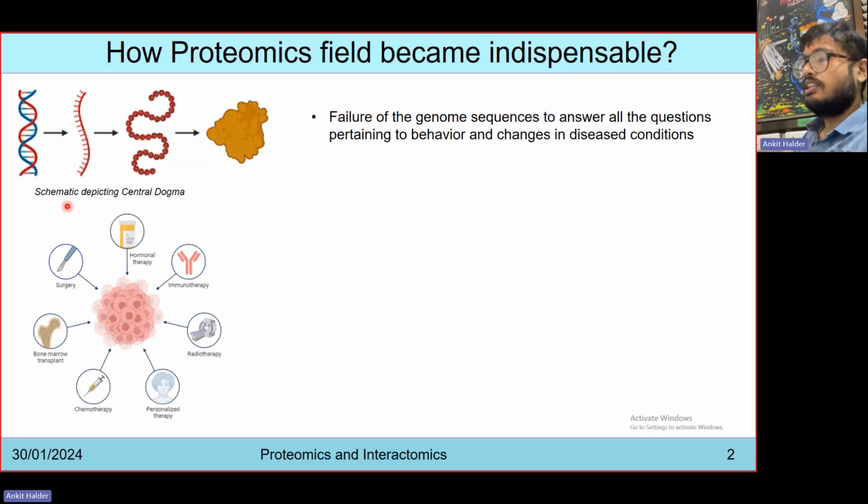Now, a very good example: in diseases like cancer and tumors, there are different kinds of therapies being used. I hope everyone is well aware that giving drugs and chemotherapeutic drugs does not always work on each and every person, and that can mostly be due to the way the drug acts.